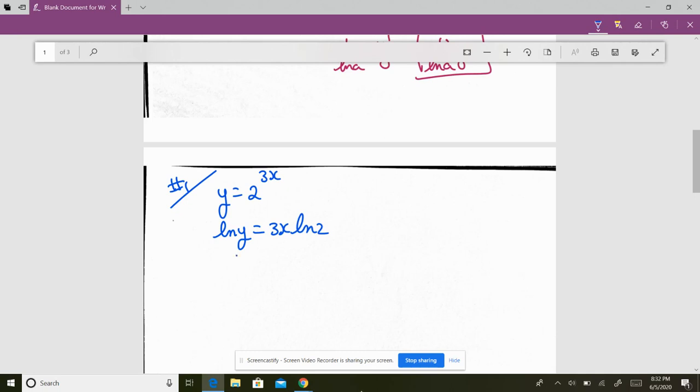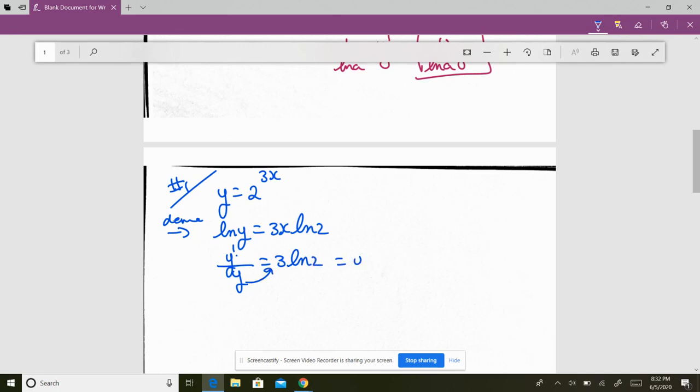Natural log of y. Now derive it. Derive this, both sides. So I get y primed over y is equal to, natural log of 2 is a constant, derivative of 3x is just 3, so it's 3 natural log of 2.